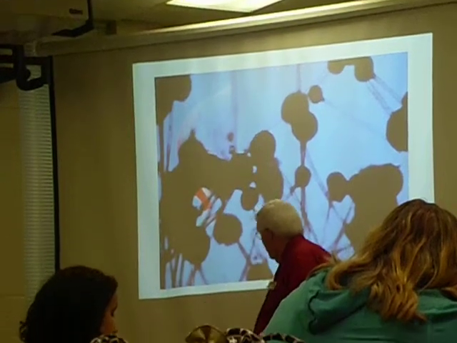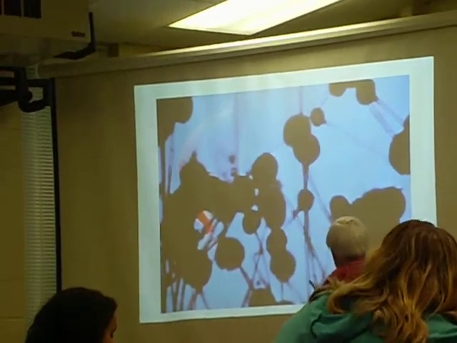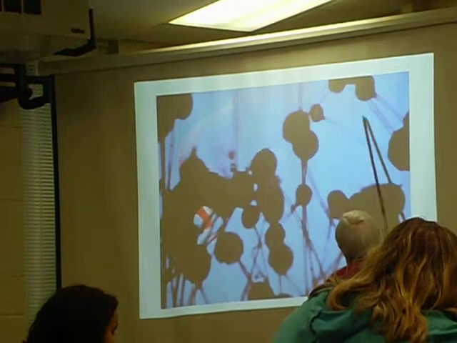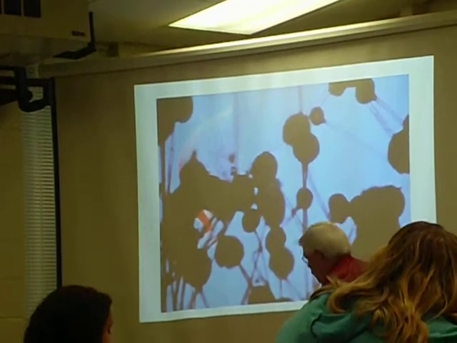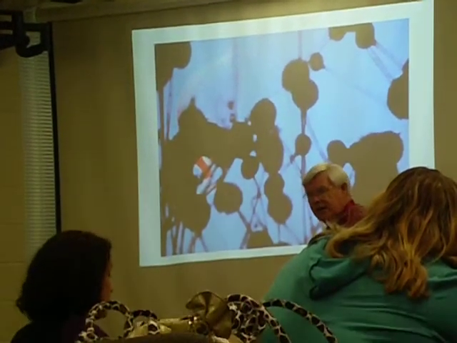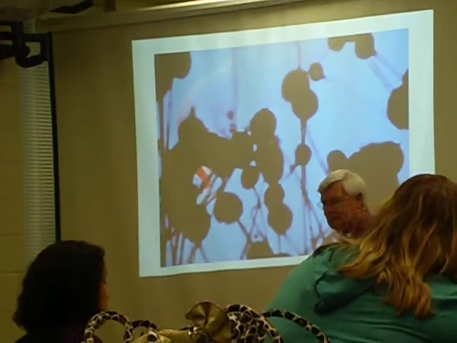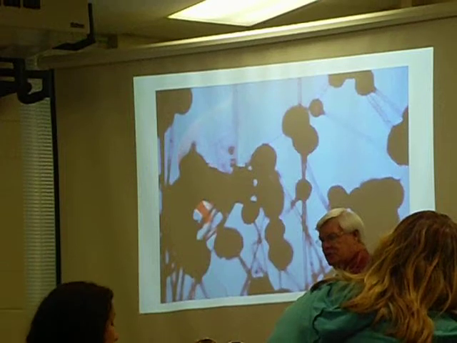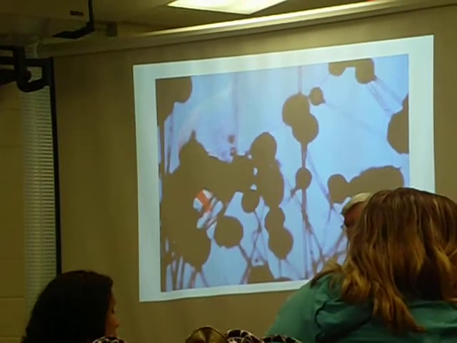And if they are sporangia, what are these? Sporangia spores. Sexual or asexual? Asexual. We asked the same thing on the first slide. This is just an actual micrograph, and the first was a drawing.